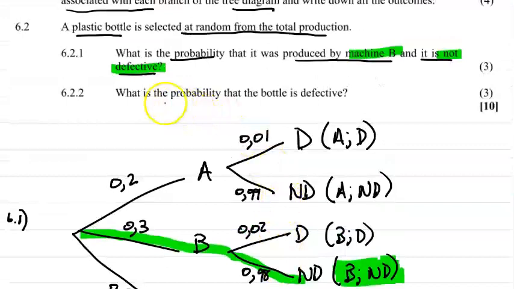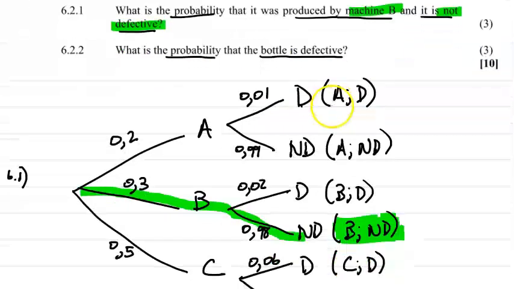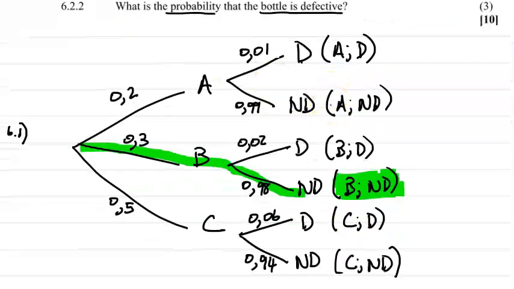6.2.2. What is the probability that the bottle is defective? The probability that the bottle will be defective, let's go look at the outcomes. We've got A and defective, we've got B and defective, and we've got C and defective. So therefore, there are 3 outcomes where the bottle would be defective.